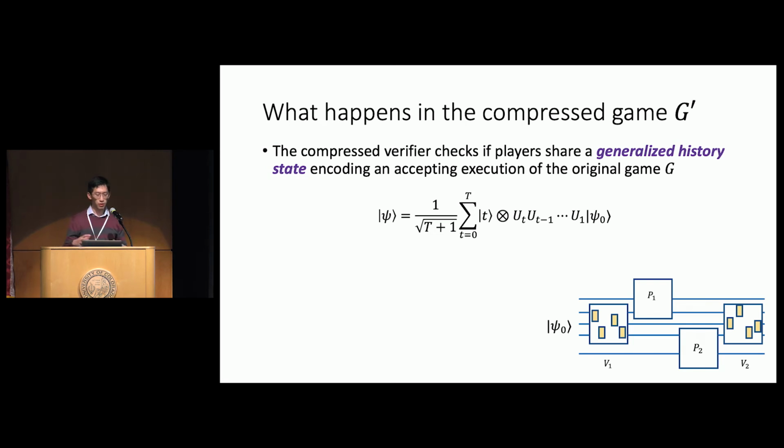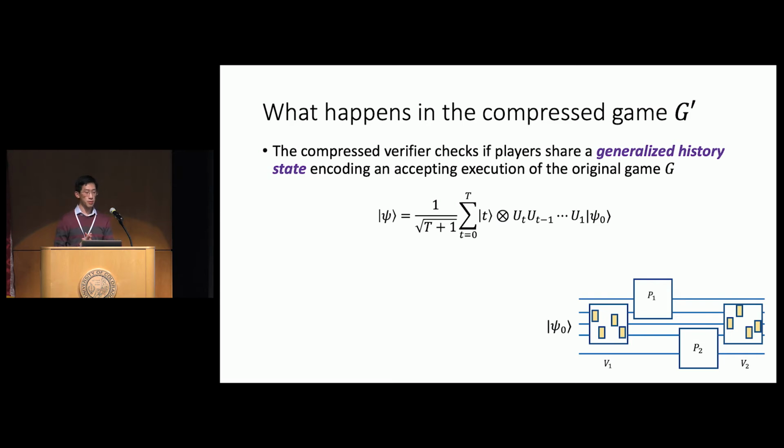So let me give just a bird's eye view of what goes into this compression theorem. The compression theorem we prove is largely based off of the same idea. So what happens in this compressed game G prime? You started with a game G and you create this game G prime.